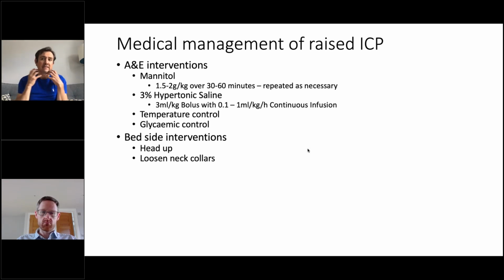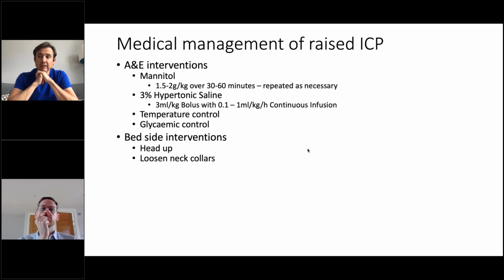If they're intubated, make sure there's nothing constricting the neck, because I'll never forget a time when we were basically on the cusp of doing a decompressive craniectomy on an adult.